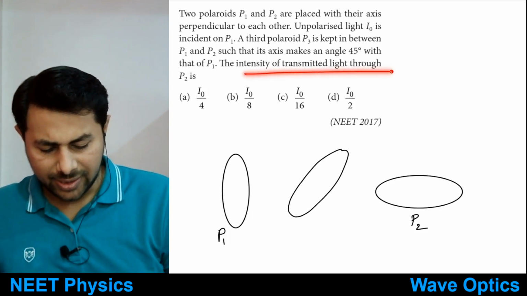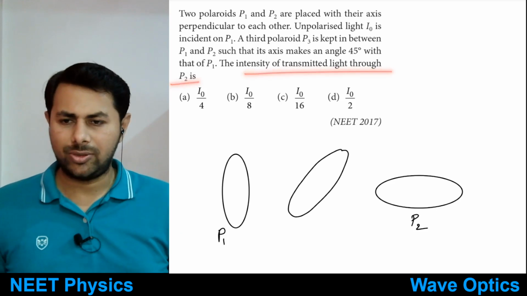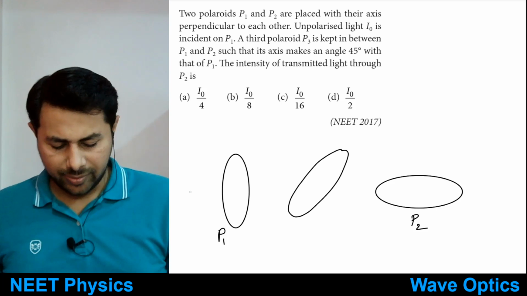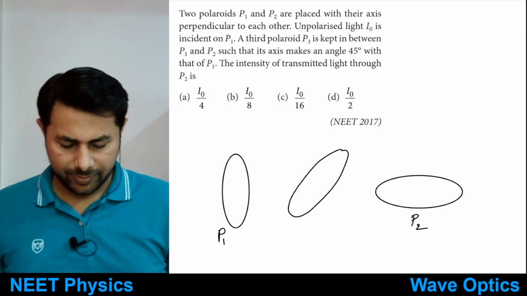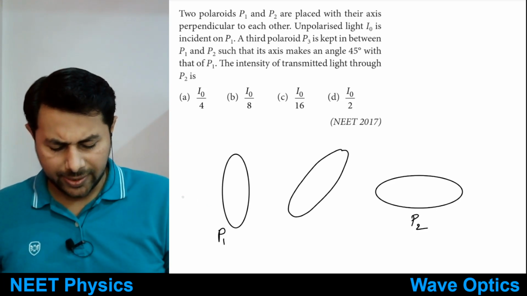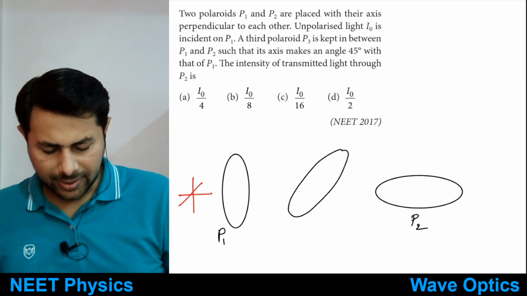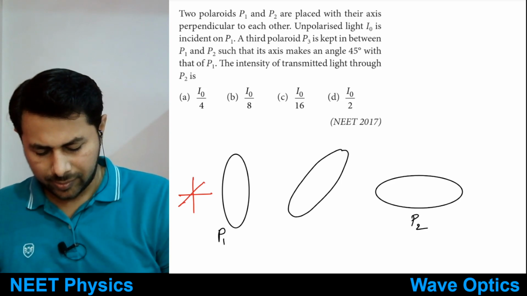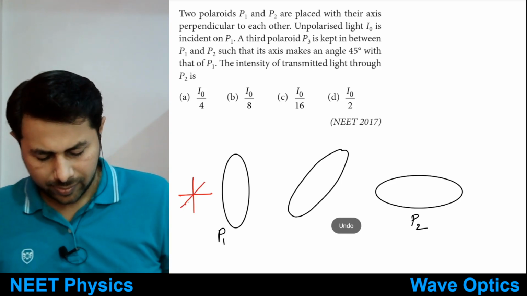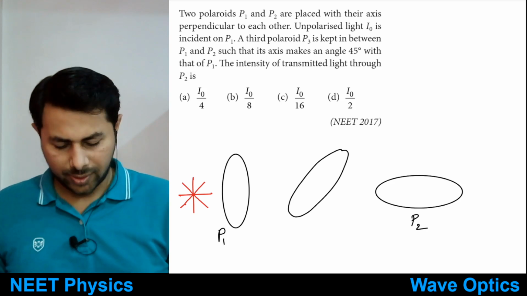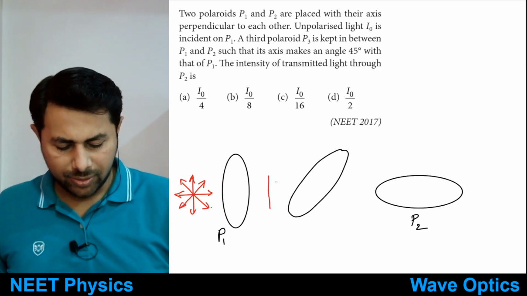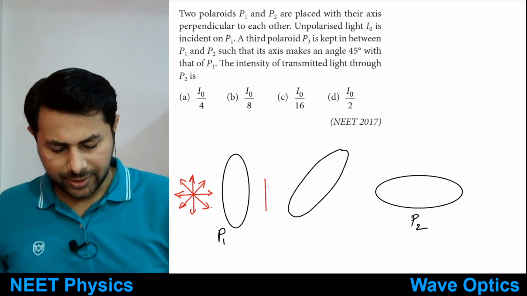So the intensity transmitted through P2 is, tell me, how much intensity will pass through P1? Suppose there is unpolarized light like this. Then the light passing through P1 would be polarized in this direction.